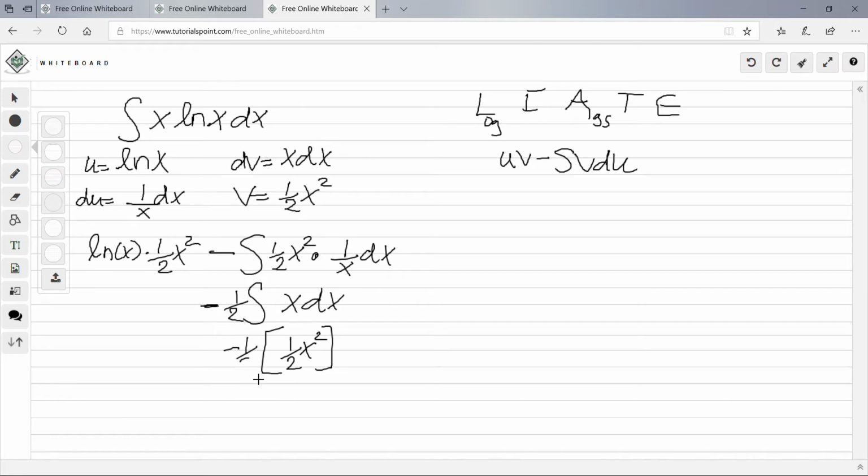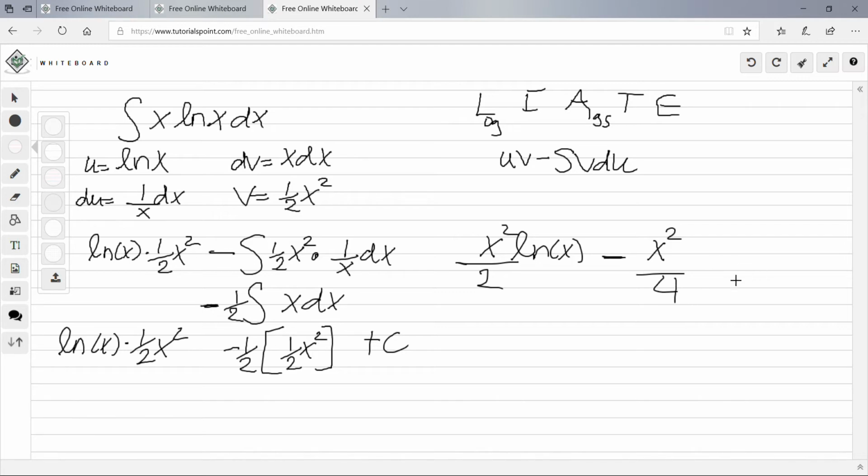Negative 1/2 plus c. And then don't forget to bring this down. So your final answer should be, I'll put it right here, x squared over 2 of ln x minus x squared over 4 plus c.